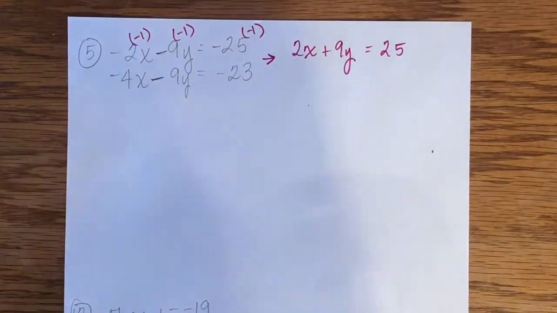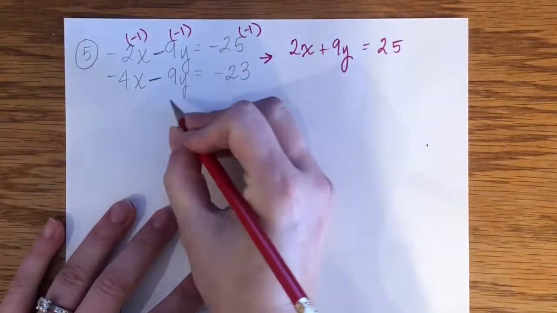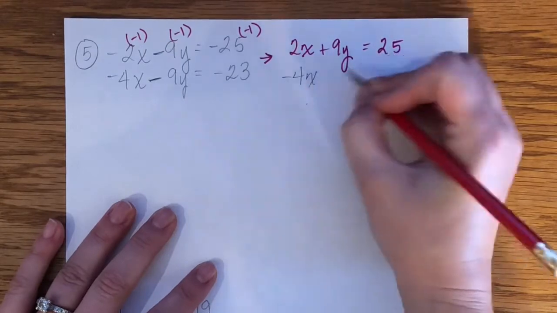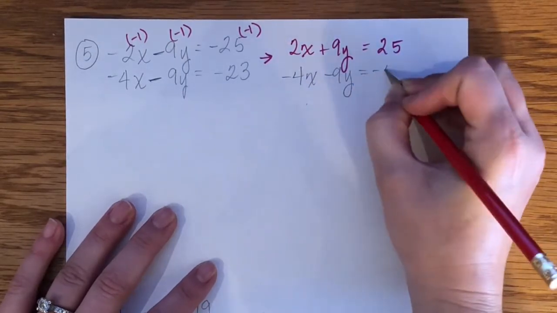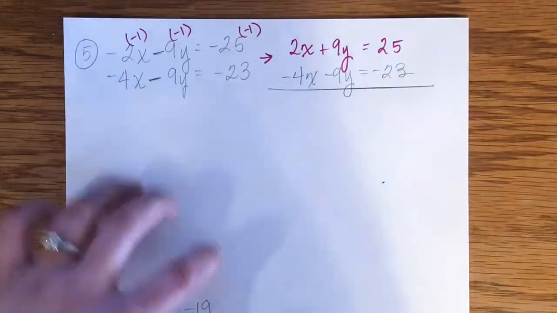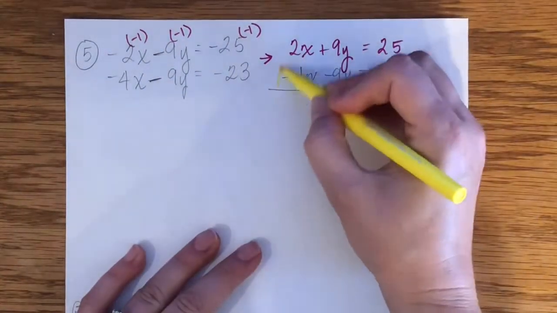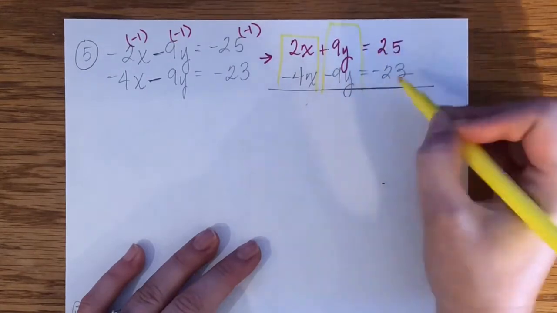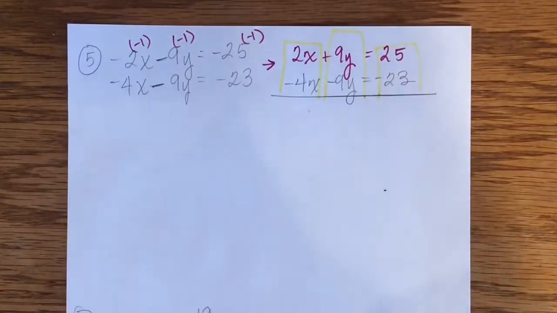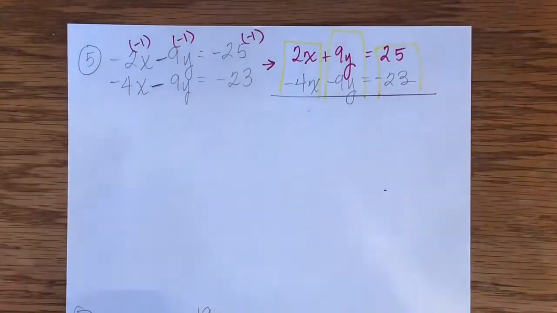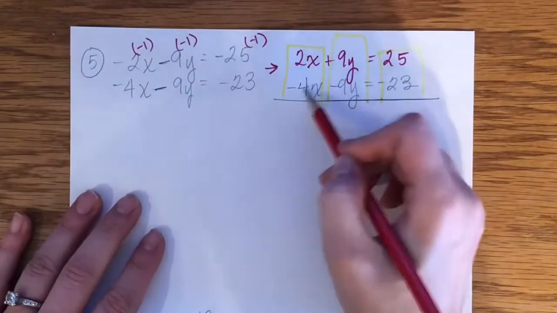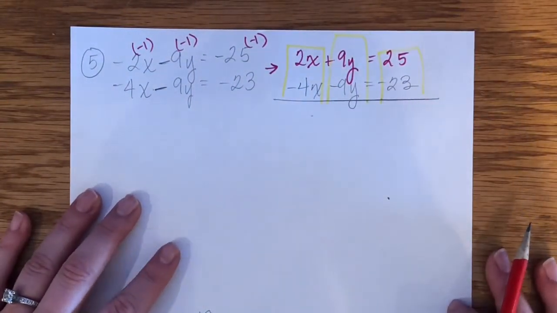Now I'm going to put my original equation under there for the second one. So that's -4x minus 9y equals -23. Now, if you remember, the way that we did this was we always had our x's and y's lined up together, and that's how it will look on your worksheet. And I then condense these two into one equation by adding like terms.